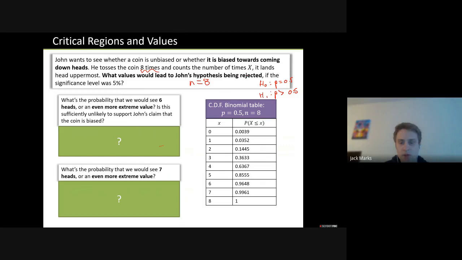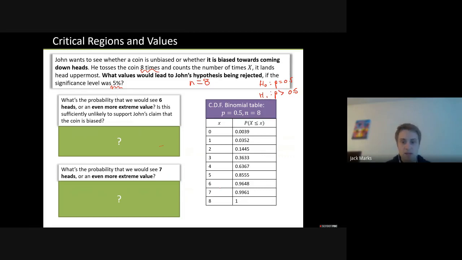What values would cause his hypothesis to be rejected if the significance level is 5%? Okay, so let's have a go at this question here. What values would make us think the coin is biased? Well, 7 and 8 seems to be what the previous slide said. So let's try and work out why that is.